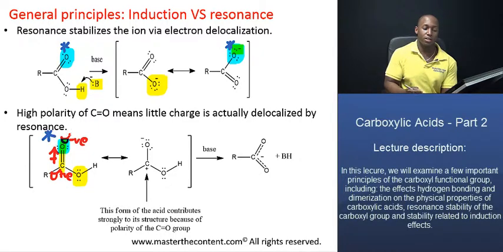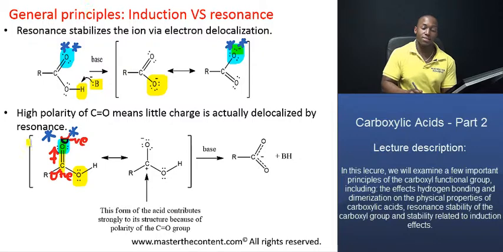It's already largely negative because of the polarity of the functional group, that carbonyl group. So resonance will not be able to add that much more negative charge at this position because most of the negative charge is already there. I'm going to repeat myself. Resonance will not be able to add that much more electron density at this position because most of the negative charge is already there because of the polarity of the carbonyl group.